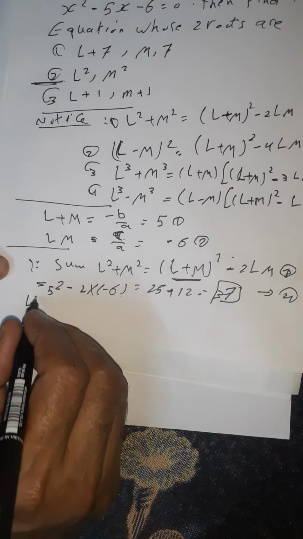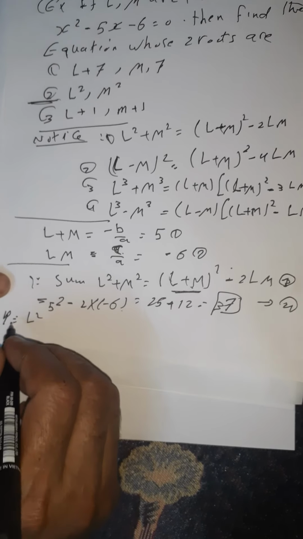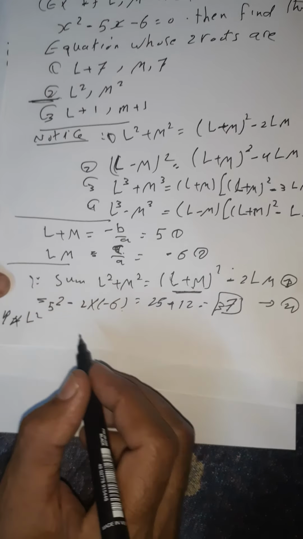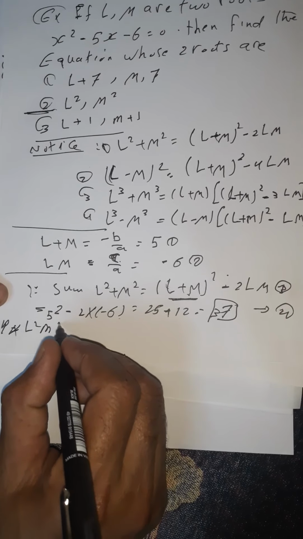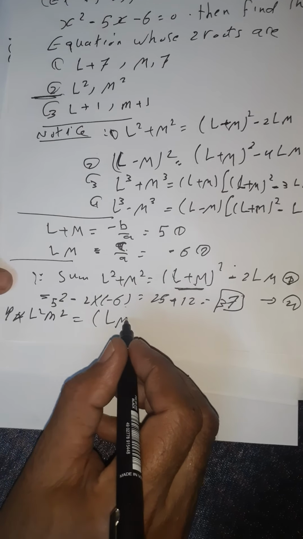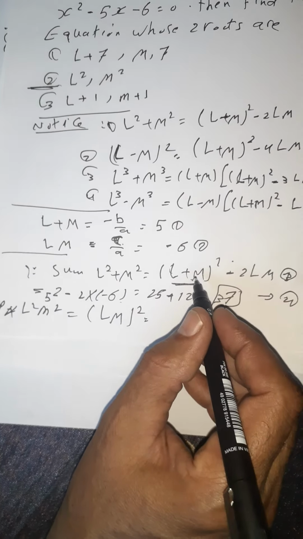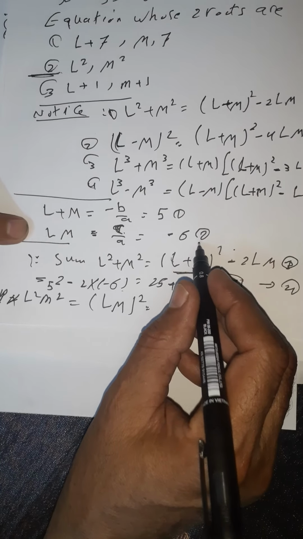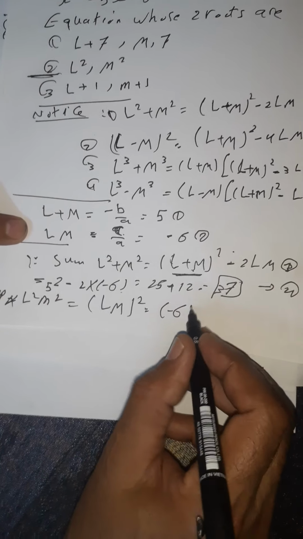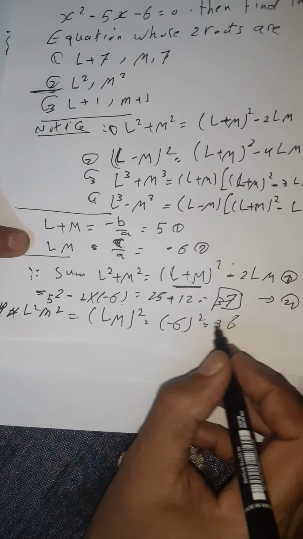And the product of the two roots of the new equation, L power 2 M power 2, equals LM all power 2, L times M from 2 equals negative 6 power 2 equals 36.